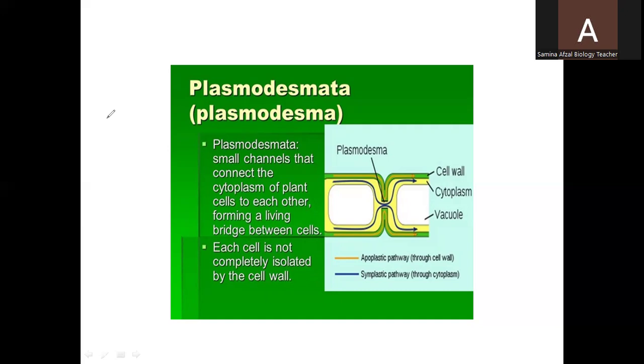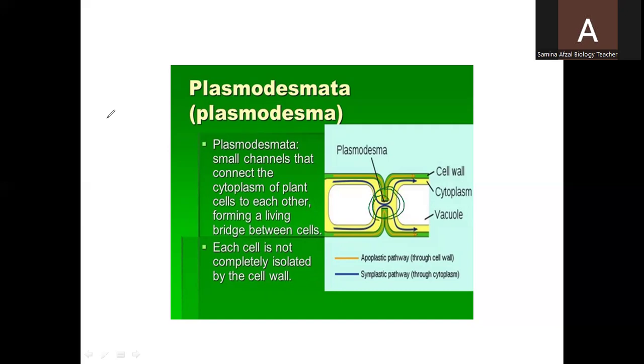Plasmodesmata are small channels or pores which connect the cytoplasm of plant cells to each other, forming a living bridge between cells. You can see over here the living bridge.